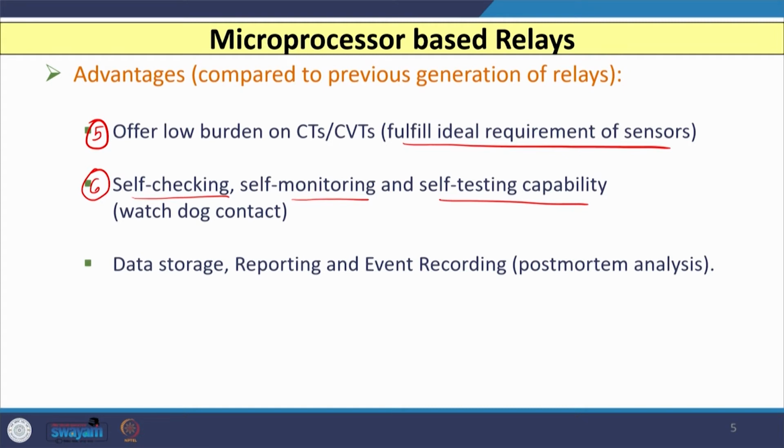When we discussed electromechanical relays, we saw that, let us say, every 15 days or once in a month, we need to carry out periodic maintenance of electromechanical relays. So that we assure that whenever a fault occurs in future, the relay is capable of taking care of that fault, meaning the relay is going to operate.